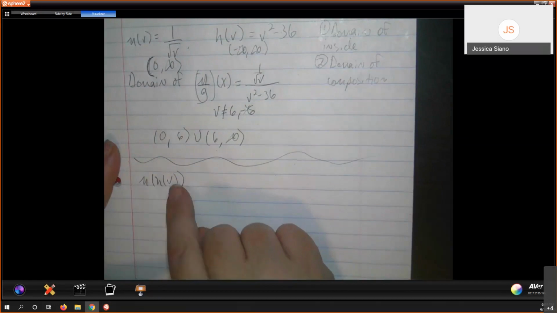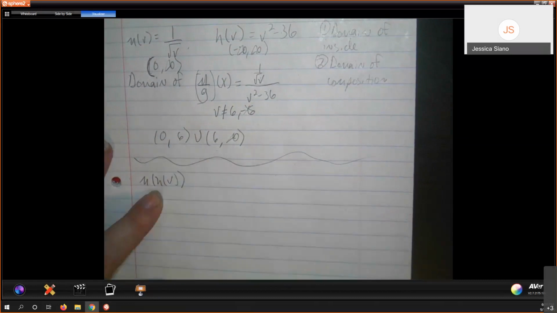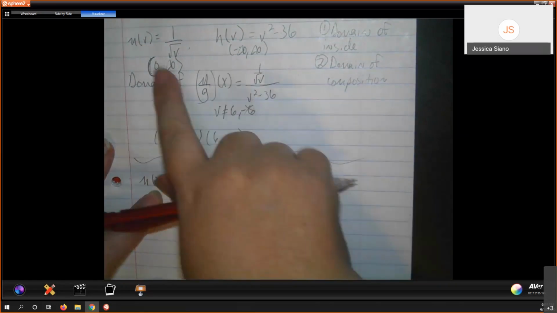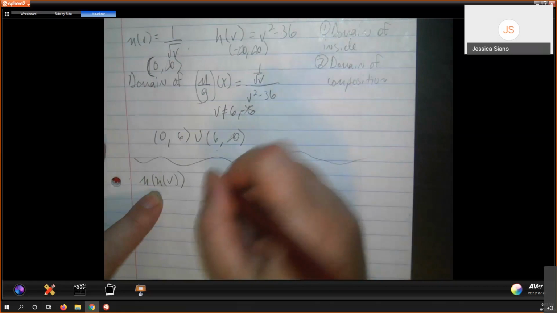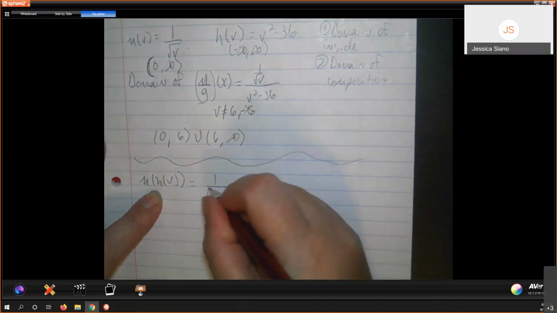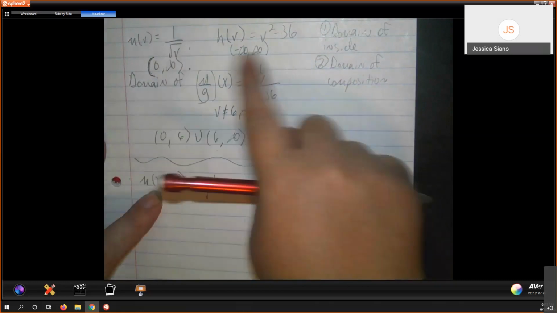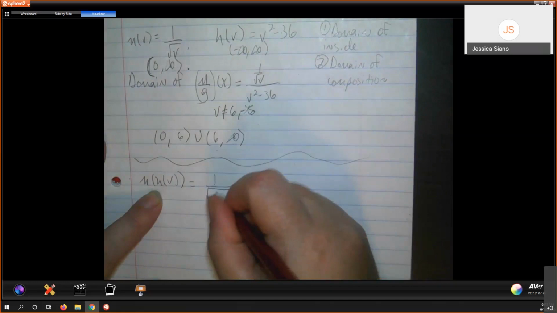So then let's do the composition and try to figure out the domain of that. So here we're going to take h and plug it in, and we'll say, okay, then this is 1 over the square root of, and instead of v, we put in all of h. So 1 over the square root of v squared minus 36.